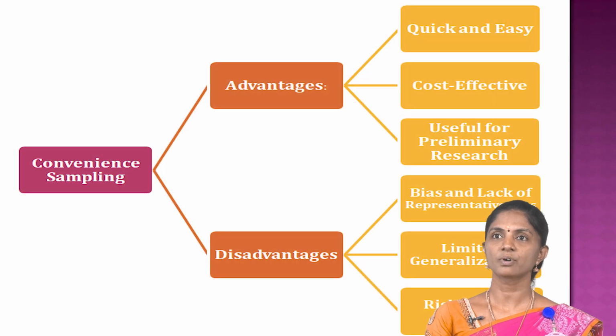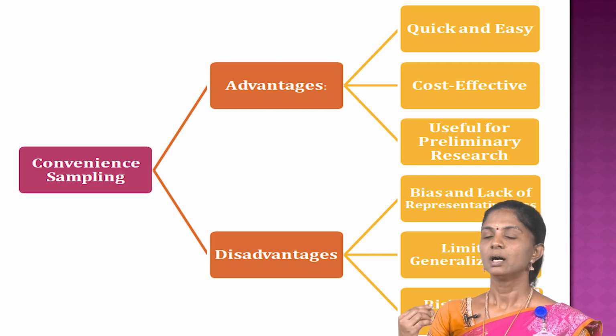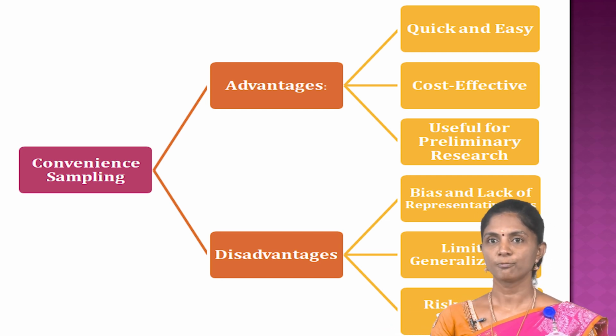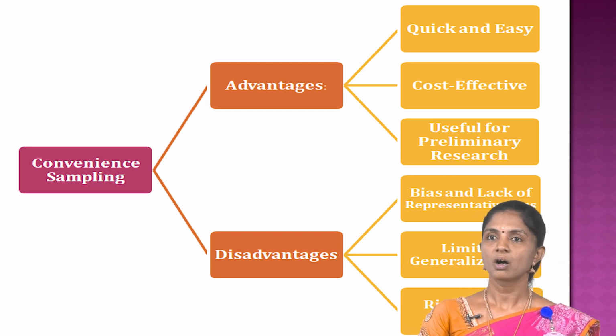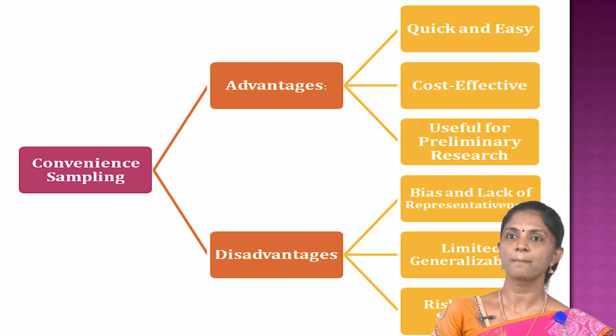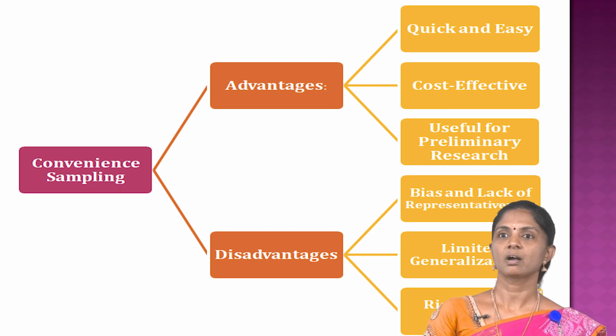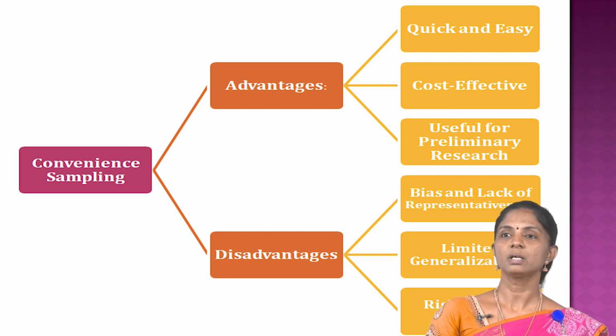The advantages of convenience sampling: it is very quick and easy. It requires less time and effort compared to other sampling methods. It's cost effective. Minimum resources are needed for sample selection and data collection. Useful for preliminary research.